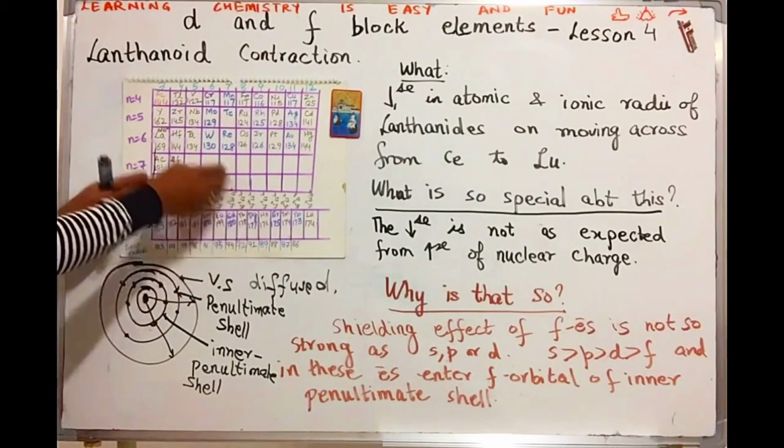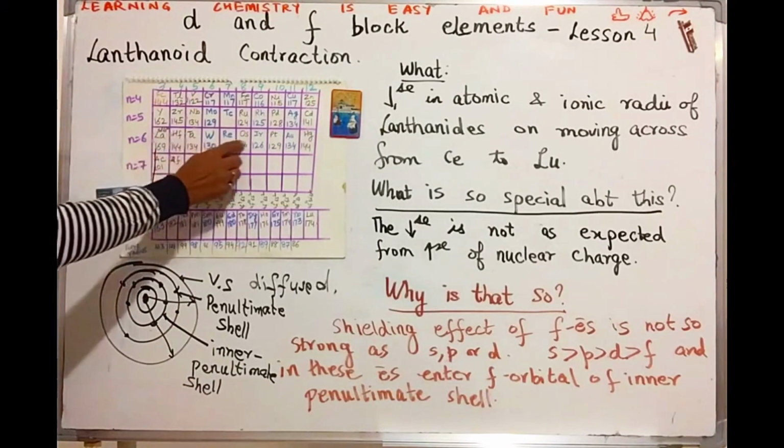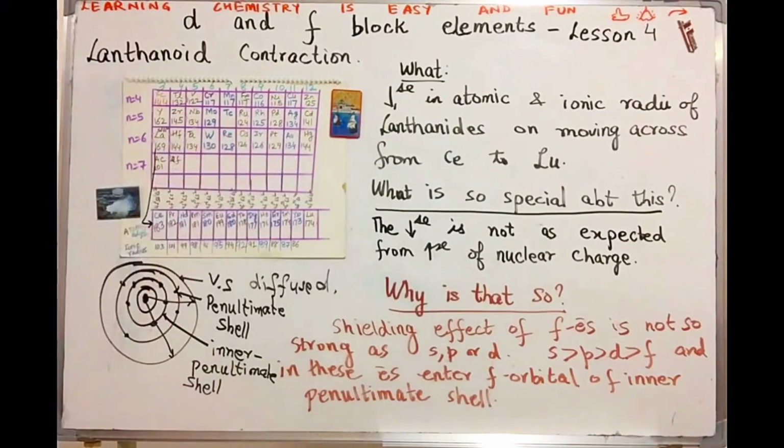So because of these 15 elements, it affects the atomic radii of the elements after them, because in all these elements the electrons have already entered into the 4f orbitals, right? So let us see what are the other effects that we observe. Please make a note of this, and your lanthanoid contraction is on the way.